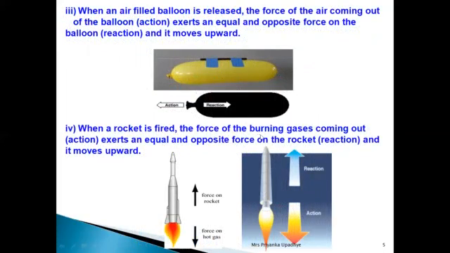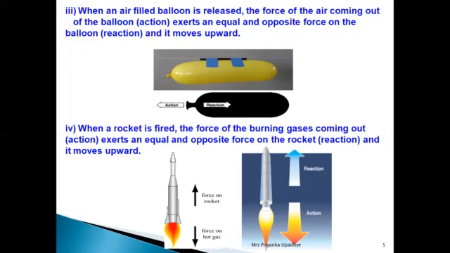Next one, see here. When a rocket is fired, the force of the burning gases coming out exerts an equal and opposite force on the rocket, and it moves forward. In a rocket, fuel is burnt inside, and the burnt gases at high pressure and high temperature are expelled out of the rocket through the nozzle.